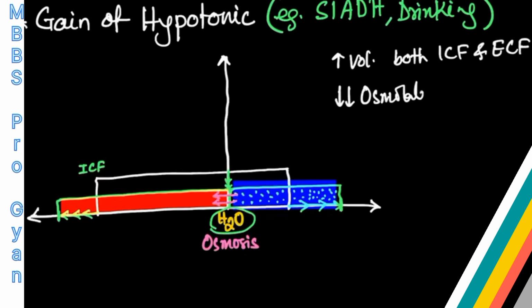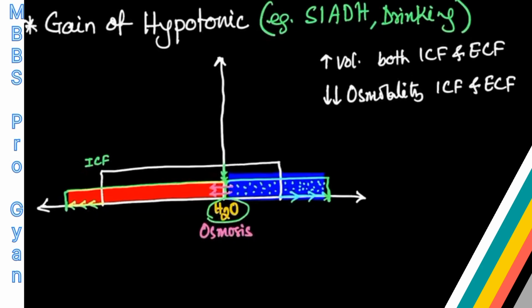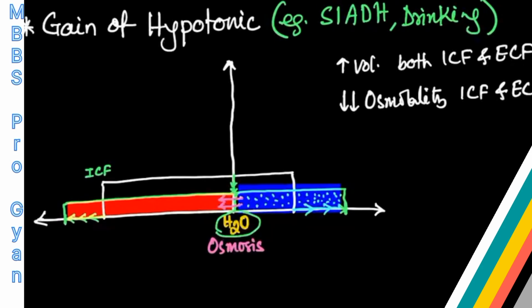There will be decrease in osmolality of both ICF and ECF. So this is the beauty of hypotonic fluid therapy. ECF volume is also expanded, ICF is also expanded, and both the osmolality is decreased to a new steady state level. Okay, so hypotonic fluid therapy is not good.